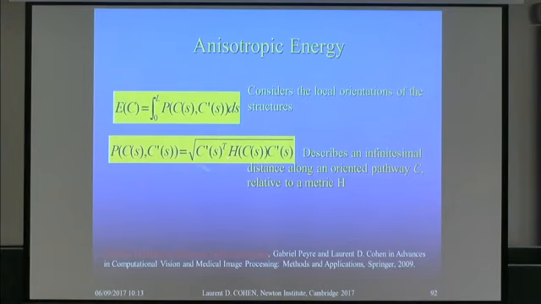So here you define this local metric, which means that H usually has one preferred direction and the orthogonal direction is the more penalized. And according to the orientation of C prime, you'll have a different cost. So this is something that we introduced long ago with Gabriel.